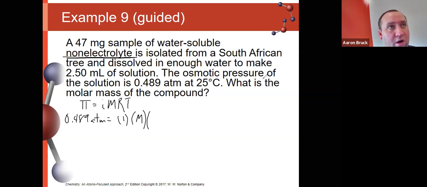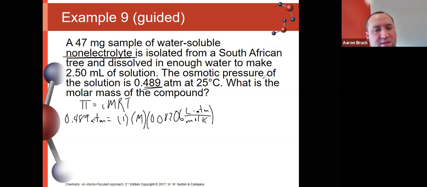Our value of R, since we are in atmospheres, is going to be 0.08206 liter atmospheres per mole Kelvin. And we are told that we're at 25 Celsius, which would be 298 Kelvin.